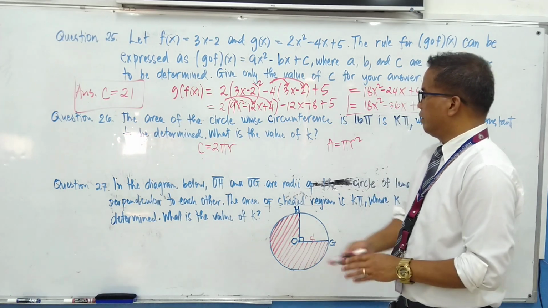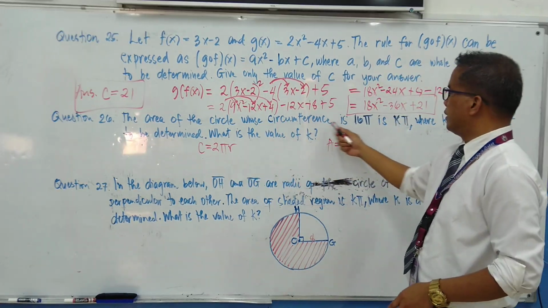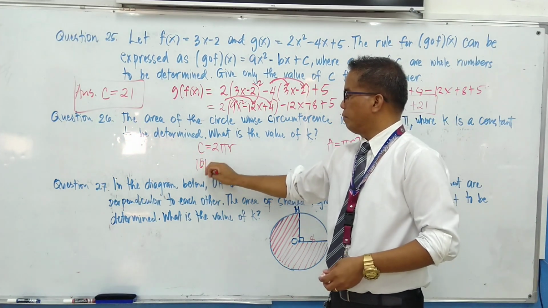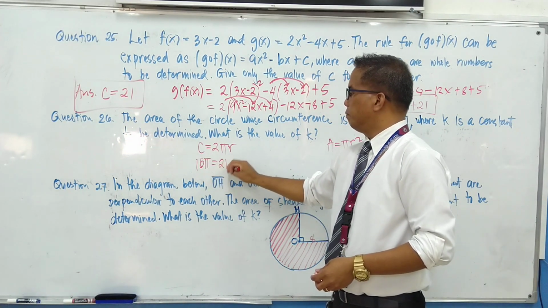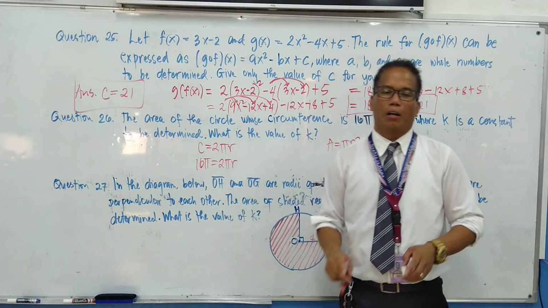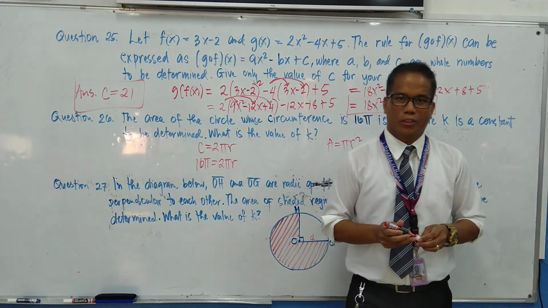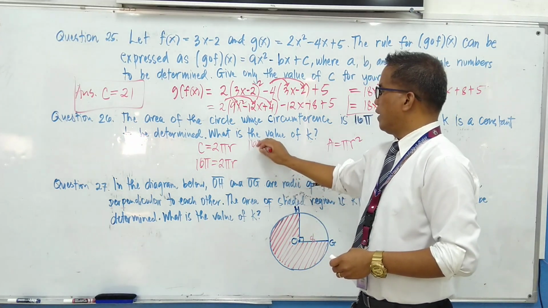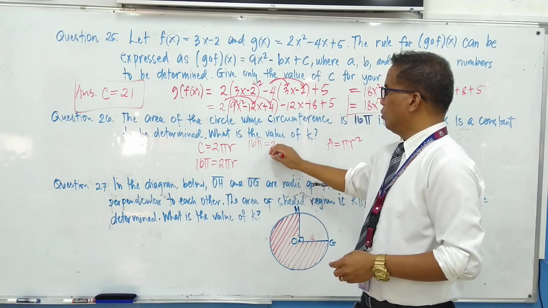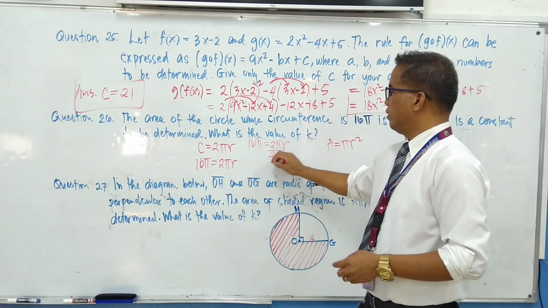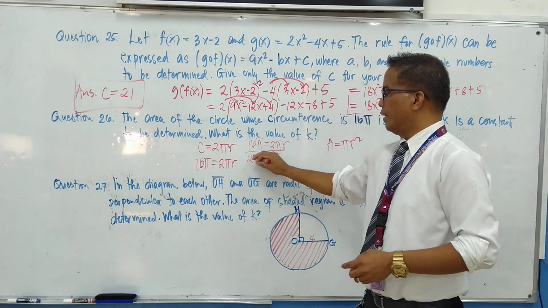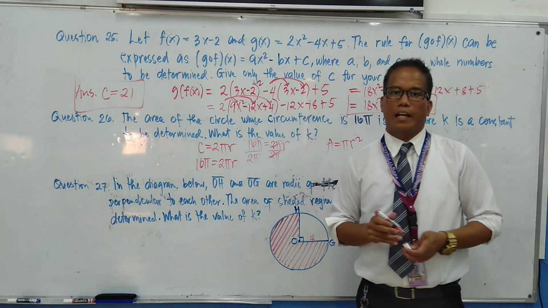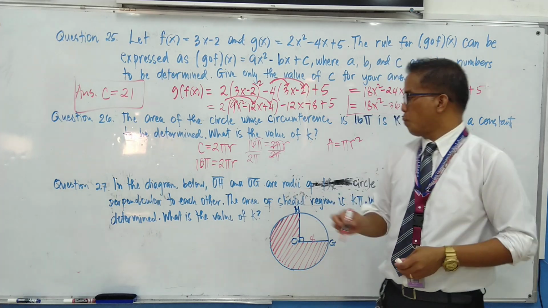Now, let's start here. Circumference is 16 pi. So all you have to do is substitute here: 16 pi equals 2 pi r. We are going to solve for the radius, which is r. So 16 pi equals 2 pi r, divided by 2 pi. Once we divide, the answer is positive 1.